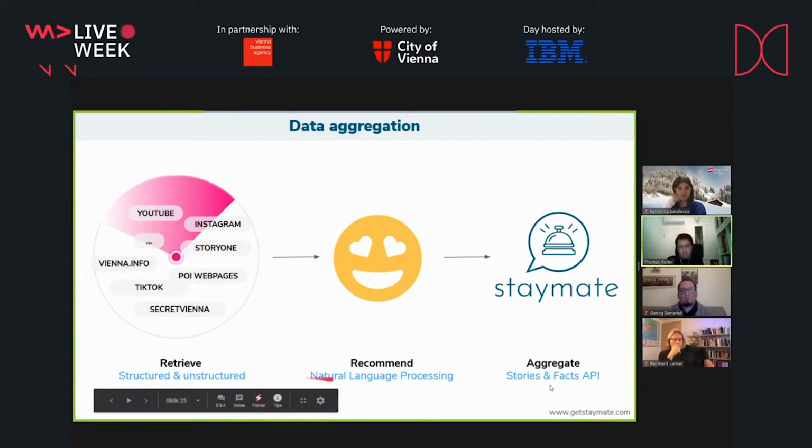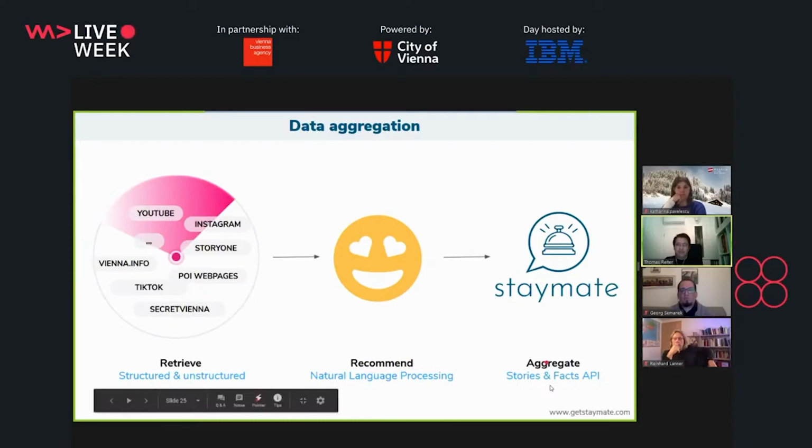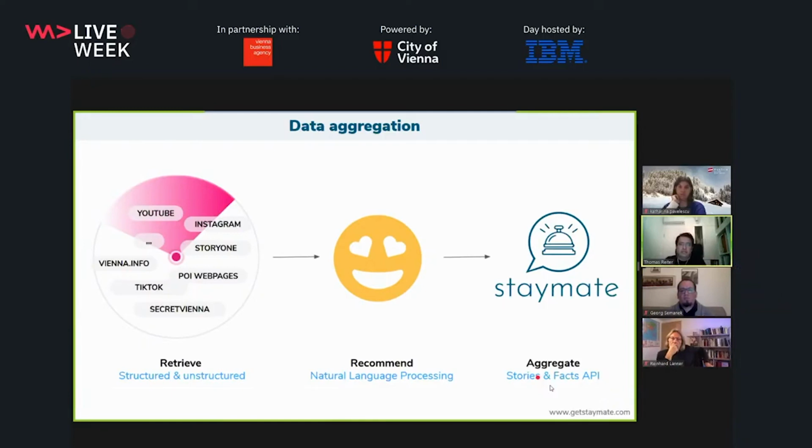Once it's here, we let our classification engines and our recommender engines run on it, classify it and link it to places of interest that we already know. And once we have that link, we aggregate it into our database, and then we can host it in our Staymate API, which is the Stories and Facts API, and then we can provide it again.